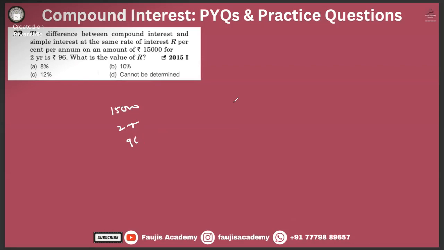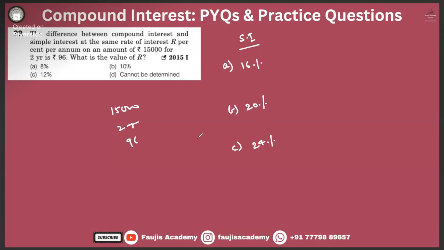So the best way over here is either to use the formula or go by the options. A, B, C. For 2 years, had 8 been the correct answer, then simple interest would have been 16%. Correspondingly, it would have been 20%, and C would have been 24%.